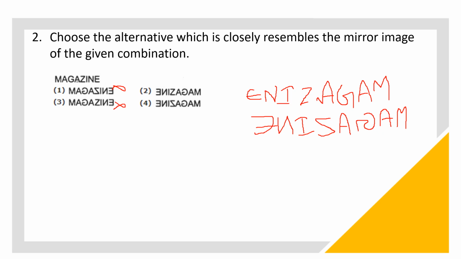Observe these two options carefully. E is a mirror image, correct. N also mirror image. I also mirror image. But Z is not a mirror image. This is the original image. So option 2 is also wrong. So finally the correct answer is option 4.